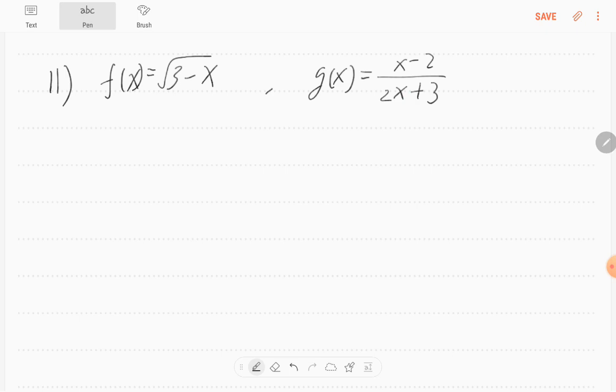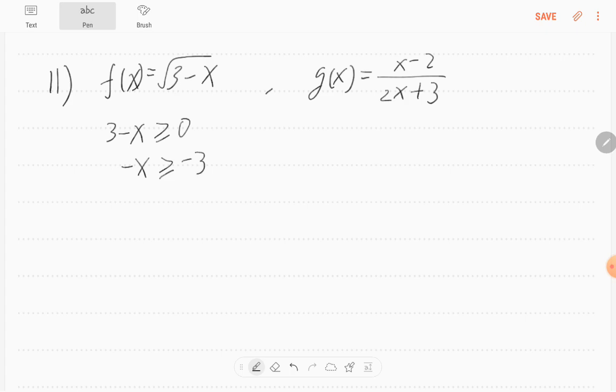For the first function, because 3 minus x is under the square root, that means 3 minus x should be greater than or equal to 0, right? Let's solve for x in this inequality. We subtract 3 on both sides, so it's negative x greater than or equal to negative 3.